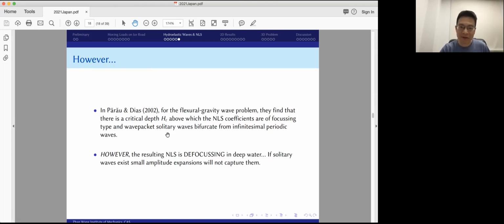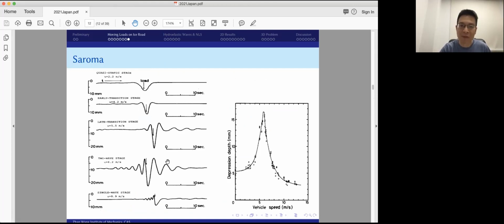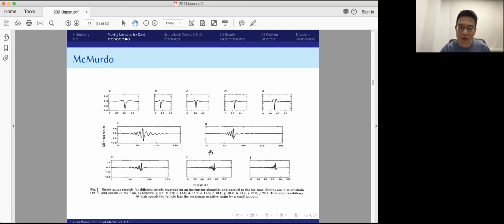However, if the depth of the fluid is bigger than HC, then the NLS is defocusing. And the NLS analysis, the weakly nonlinear theory, fails to predict the existence of small amplitude wave packet solitary waves. However, as we see in the experiment done by the New Zealand group, they do observe wave packet solitary waves.